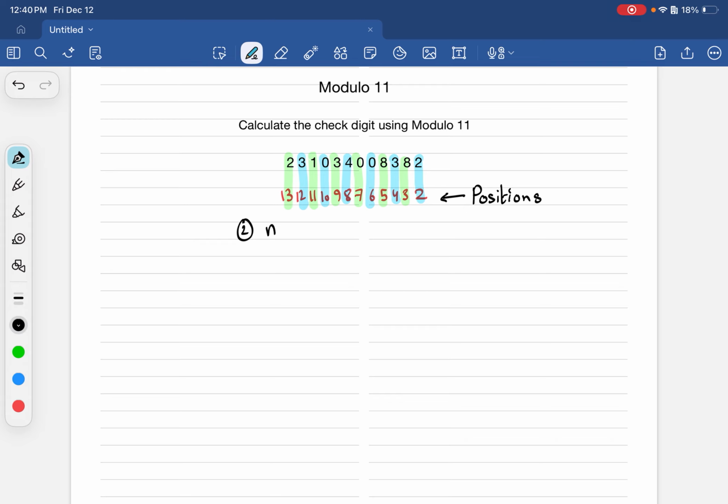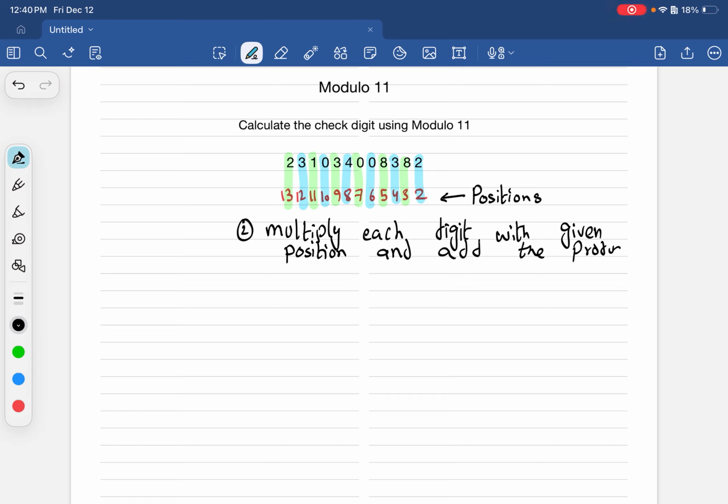Second step is multiply each digit with given position and add the products. Okay, what is a product? Basically what the result you get after multiplying that number, right?